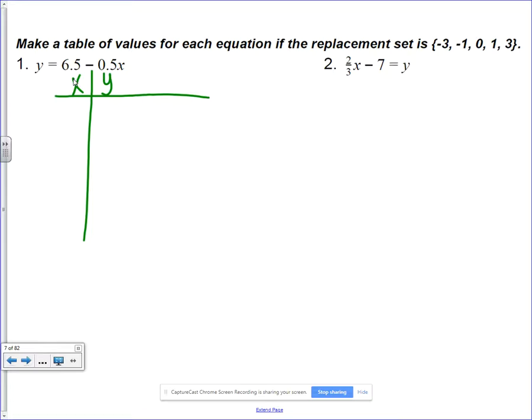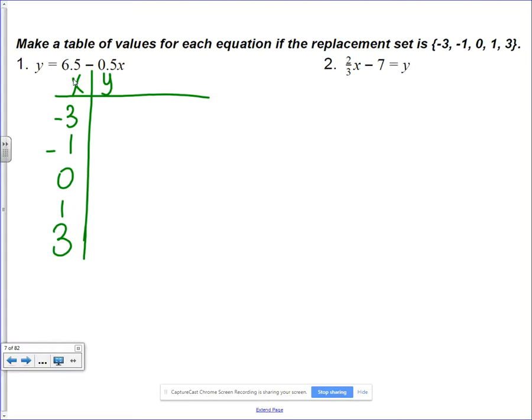So what I'm going to do is I'm going to go ahead and put my x's over here. And then we're going to substitute them in and figure out what the y equals. Does everybody see where the y is? Do you see how the y is all by itself over there? Okay, so what's the first number I'm supposed to be plugging in here? -3.